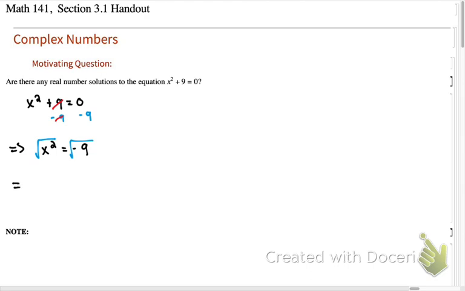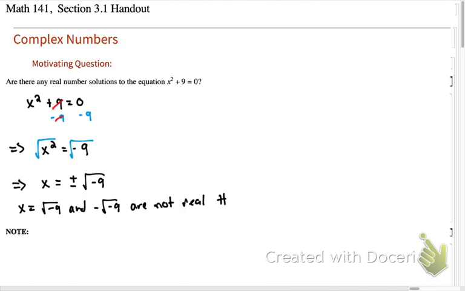And of course, the square root of x squared is x, but it's either the positive or negative square root of negative 9, since either will square to negative 9. Okay, so there are two solutions, but x equals the square root of negative 9 and minus the square root of negative 9 are not real numbers.